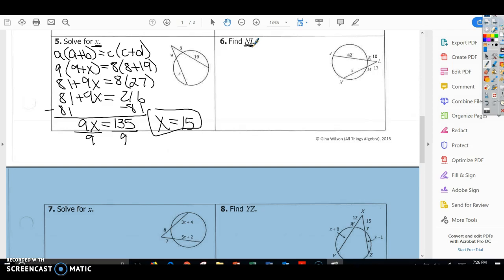All right, so if we look at number 6, we can set it up with the same formula that we used over on that side. It looks like we have 13, x, 10, and 42. So those are the numbers that we're looking at. Let's go ahead and add the 42 and the 10 and get 52 here.